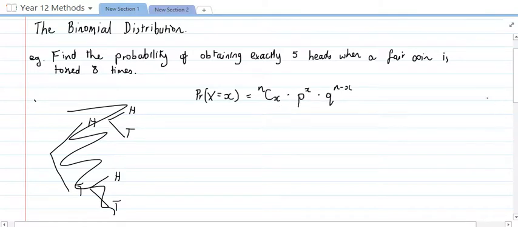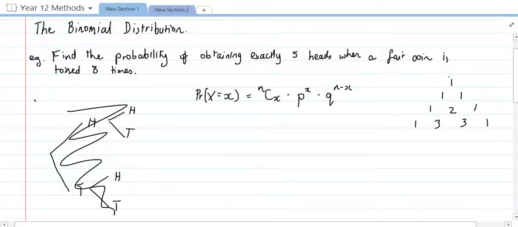Okay, firstly we need to know the nCx part. Now that goes all the way back to Pascal's triangle, which we looked at earlier in the year. Remember, that's the triangle that goes 1, and then 1 1, and then 1 2 1, and 1 3 3 1 and so on, where each of these numbers comes from the sum of the two numbers above it.